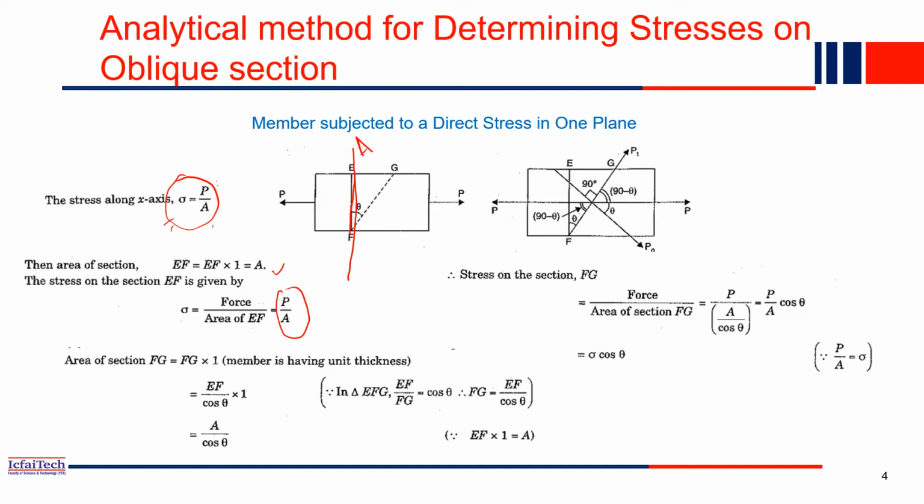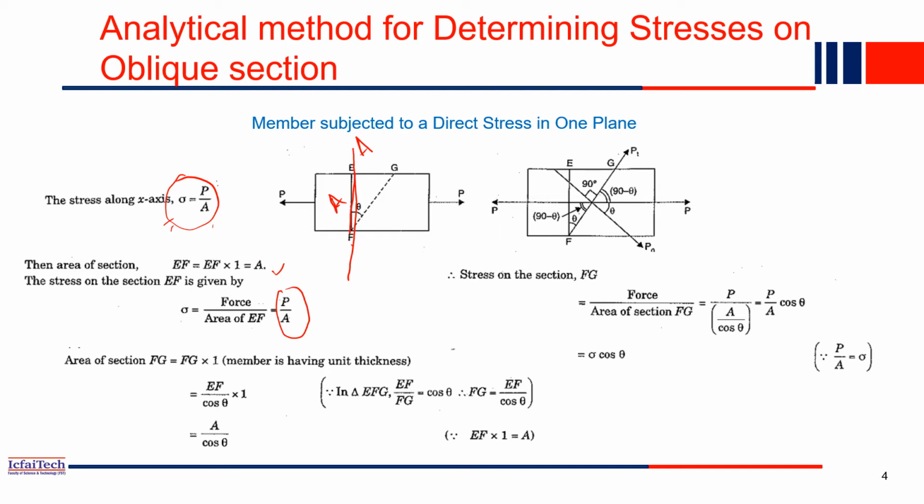Similarly, I have now taken another section, FG. This is a section which makes an angle theta with EF. Now how much is the area of EF? We know the area of EF is A. Now what is the cross-sectional area of FG?